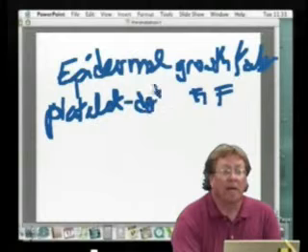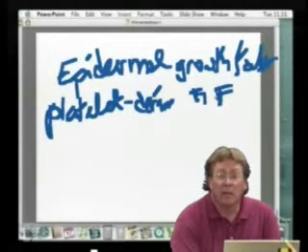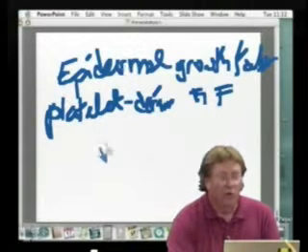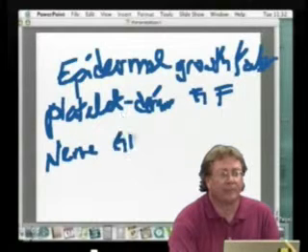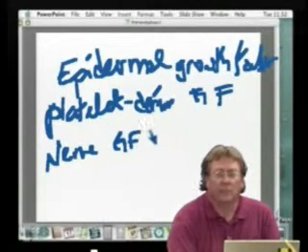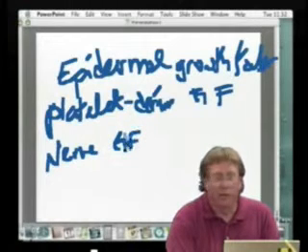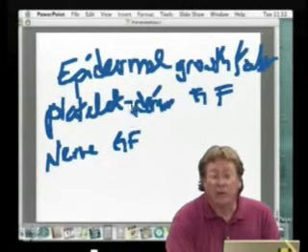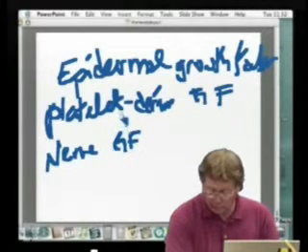So these compounds are derived from platelets. Nerve growth factor. These proteins are very important in nerve growth. A lot of research of spinal injuries focuses on nerve growth factors.